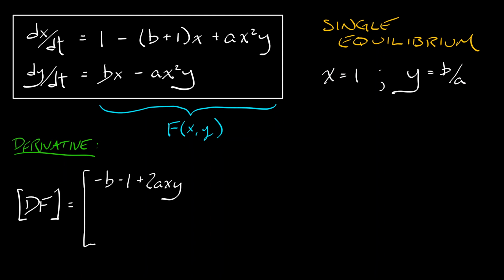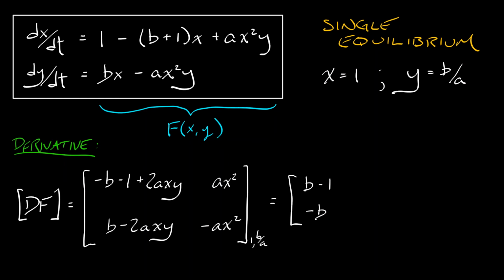The partial of the second equation with respect to x is b minus 2axy. The second column of the derivative is comprised of the partials with respect to y, that is ax squared and minus ax squared respectively. When I substitute in x equals 1, y equals b over a, I get the matrix [b minus 1, a; minus b, minus a].